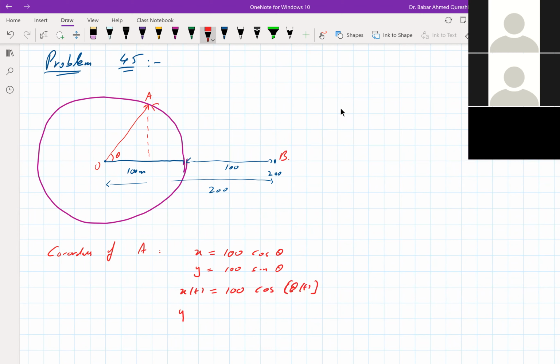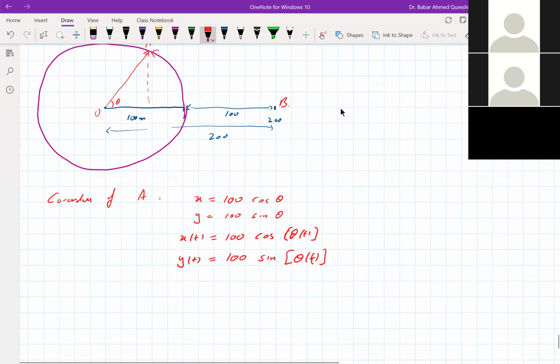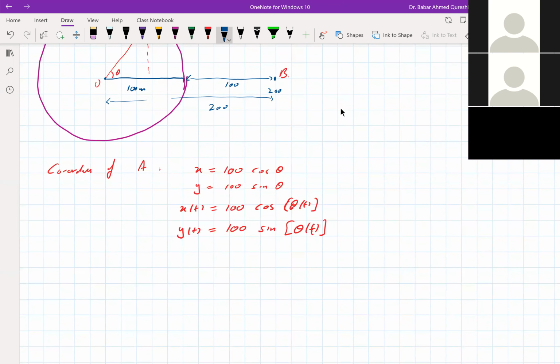They are running around. So I can write the distance, which is going to be again a function of time. Coordinates of B, let me write those. Because of the way I have drawn the axis, the coordinates of B are 200 and 0.